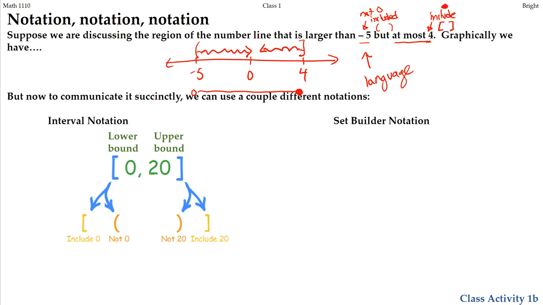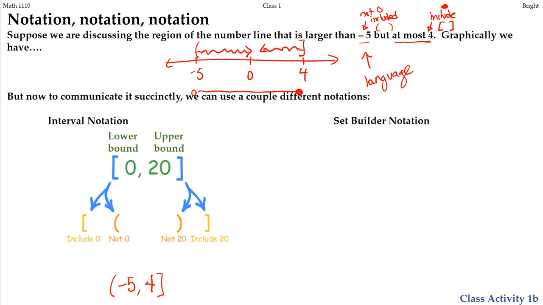So if we were to do it with our example, the left boundary is -5, the right boundary is 4. The lower bound, remember we excluded that, so that would be a parentheses, and the right boundary was included, so I would use a square bracket.